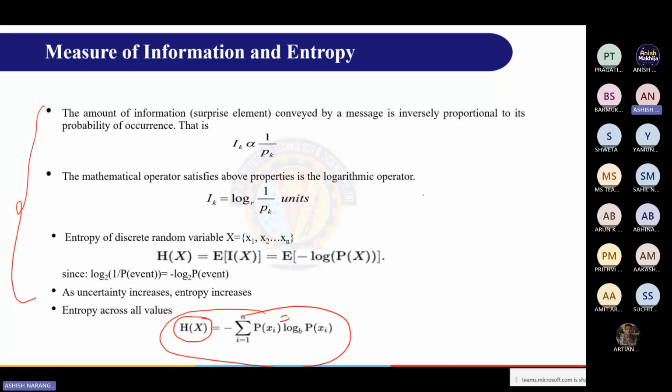You can write it this way also: pi log of pi to the base 2. What is pi? Probability of a record belonging to a particular class.